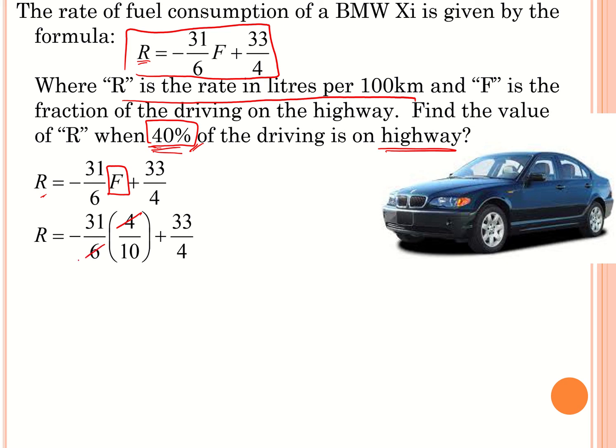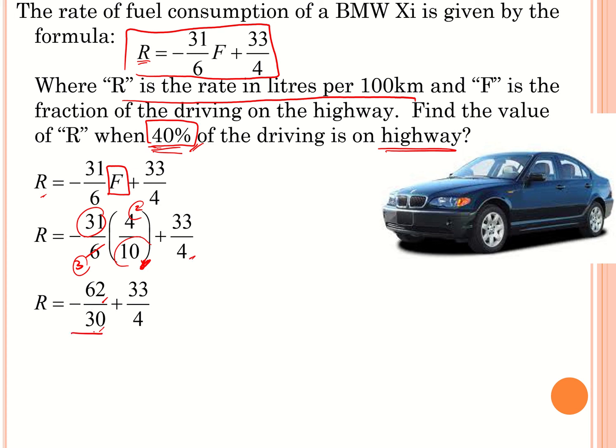The 4 and the 6 become 3 and 2, and then the 2 and the 10 become 1 and 5. So 31 times 1 over 3 times 5. We'll just keep it like this. So 31 times 2 is 62, and 3 times 10 is 30. I guess we kept it this way because this denominator is 4.